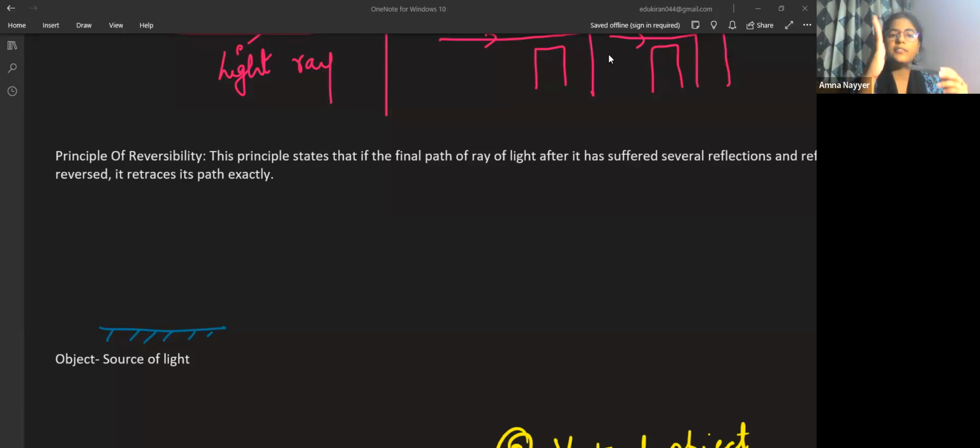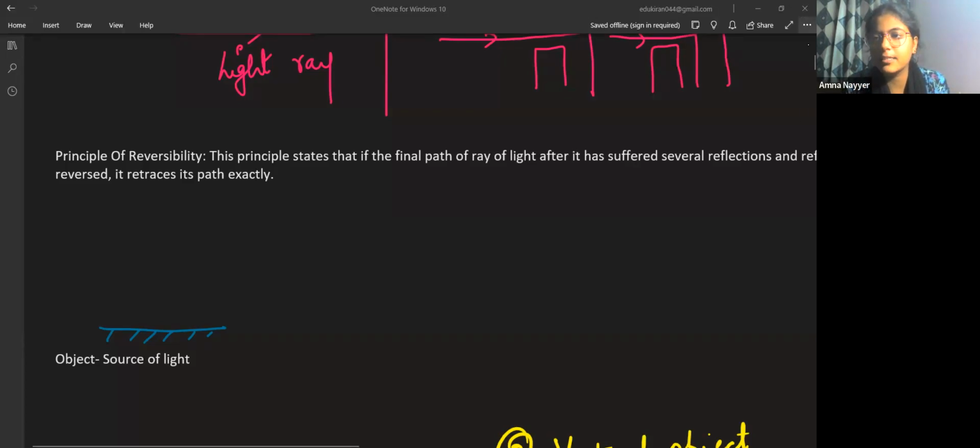If I have this as the surface, light will come and strike like this. But if I have my path in a curved manner and I want it to curve and bend, that won't be possible for light rays. Like this is not possible for this pen. If I have to, it will be slanting, but it will always be in a straight line. So that is what is meant by linear propagation.